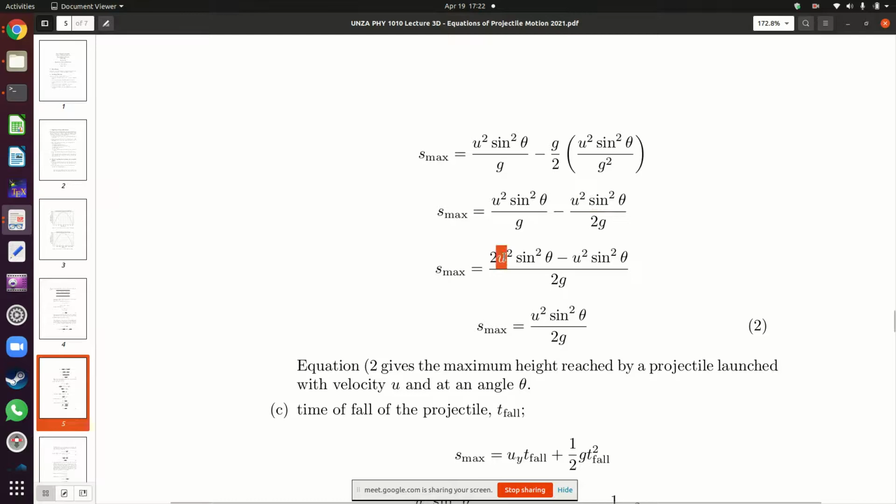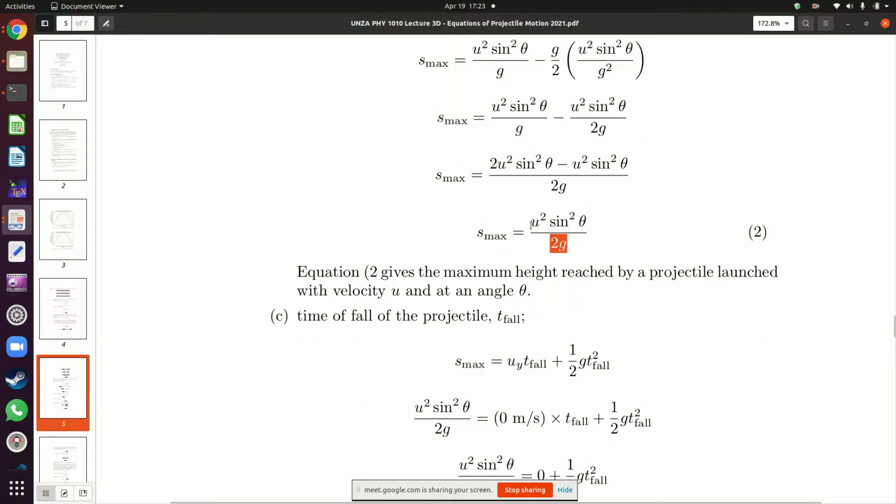It's like doing 2x minus x, which gives you x. So we end up with only u squared sine squared theta divided by 2g. So this expression, S max equals u squared sine squared theta divided by 2g, gives us a formula for working out the maximum height.